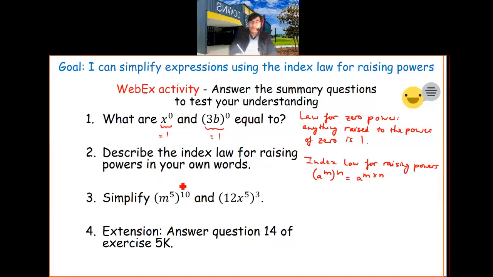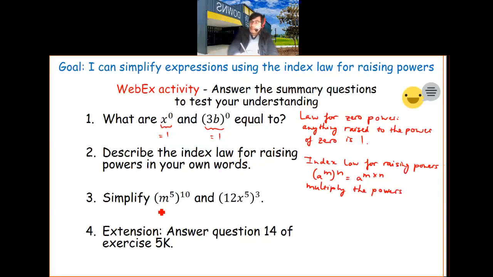Good job. Or we times them, if you want to put it in our own words. Multiply them together. So let's apply that. We multiply the powers.